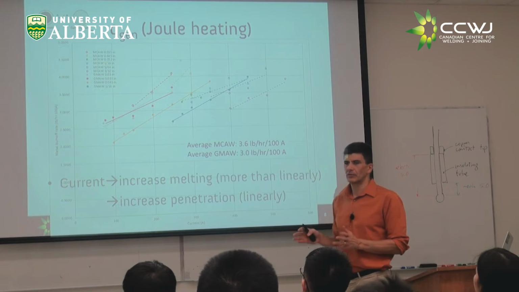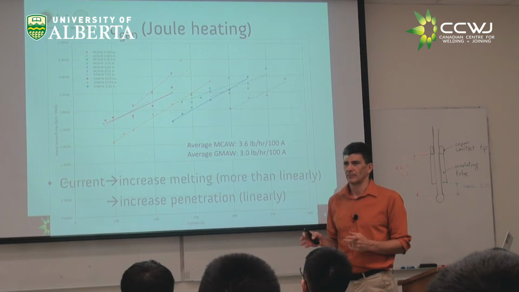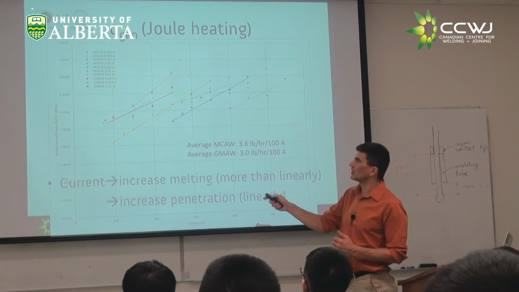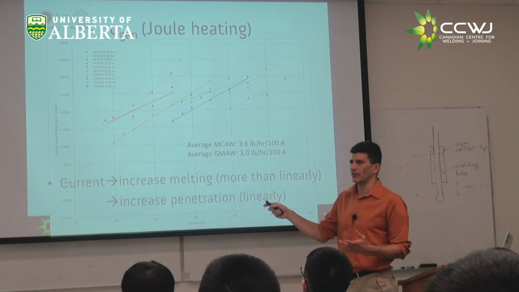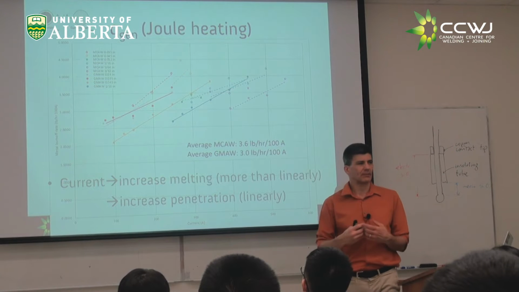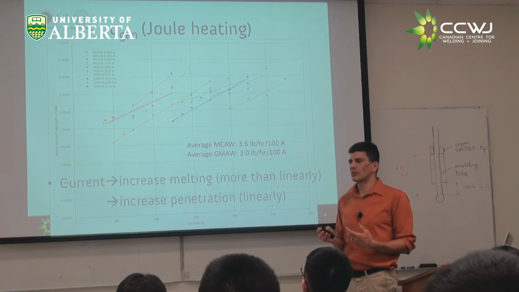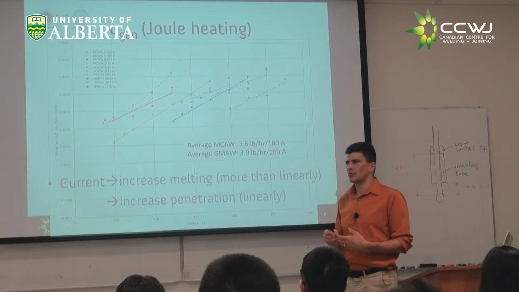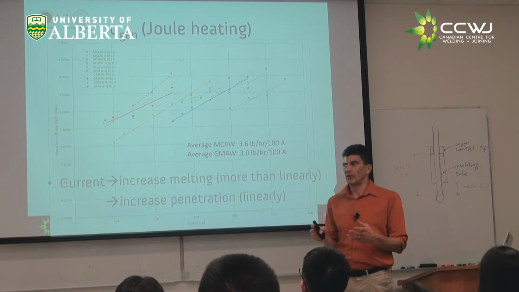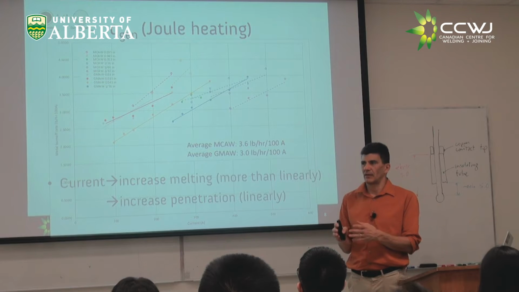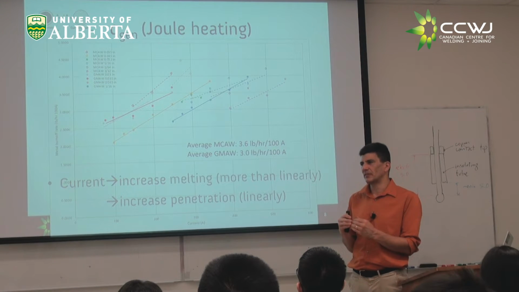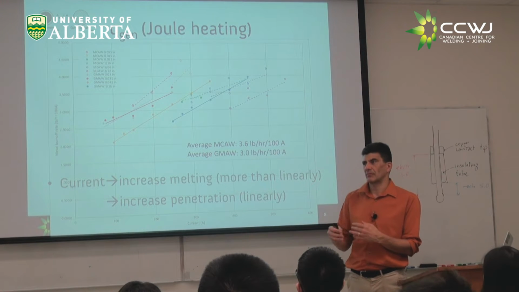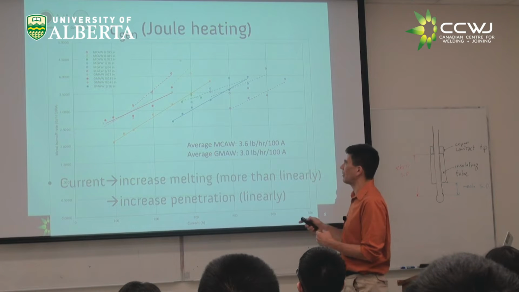Metal core or MIG wire? Metal core, right? Because the cross-sectional area is smaller. Resistance is higher. If resistance is higher, I'm going to be generating more joule heating, right? And if I generate more joule heating, then with the machine at the same current, I would be depositing more metal for the same amount of current.